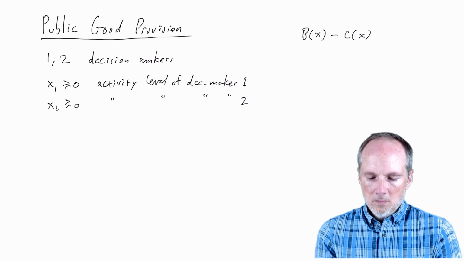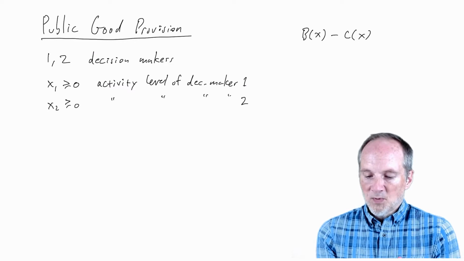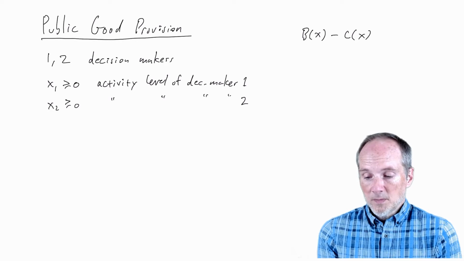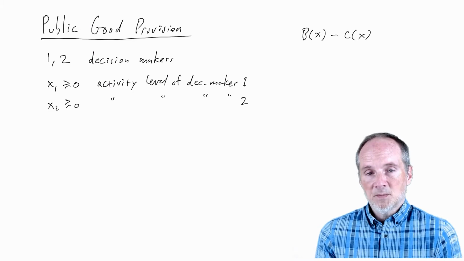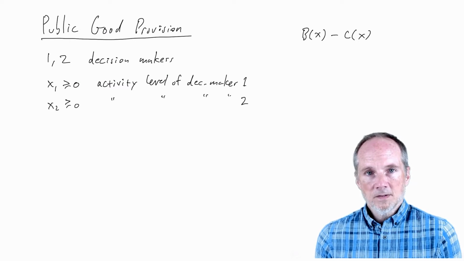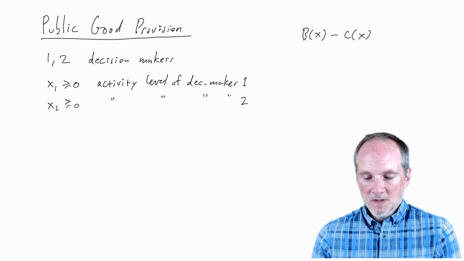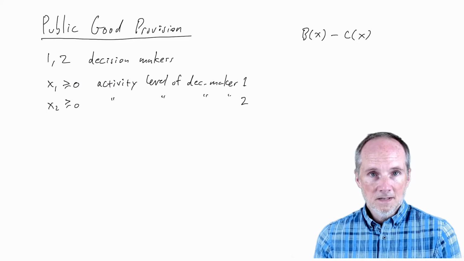Now, the preferences of these decision makers are going to be in the form of a cost-benefit problem. So they're each going to derive some benefit from these activity levels and some cost. In general, they could evaluate these things differently.